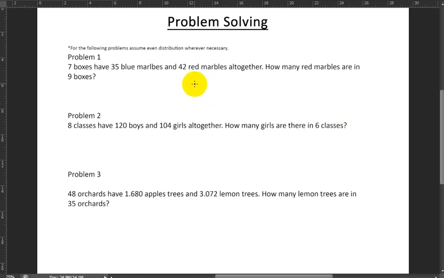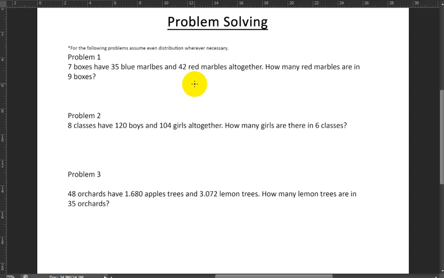Problem 1 says, 7 boxes have 35 blue marbles and 42 red marbles altogether. And all these marbles are evenly distributed between the boxes. And then it asks how many red marbles are in 9 boxes.